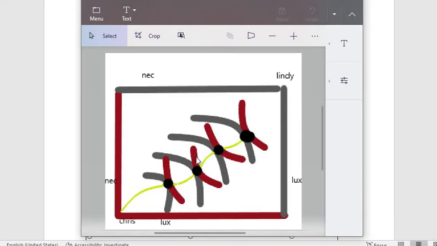And then if we move to a point on the total utility curve where you have tangency, then that means that the marginal rate of technical substitution of Chris and the marginal rate of technical substitution of Lindy is equal at each of the points on the contract curve, like these points. And that is the most efficient allocation of resources.